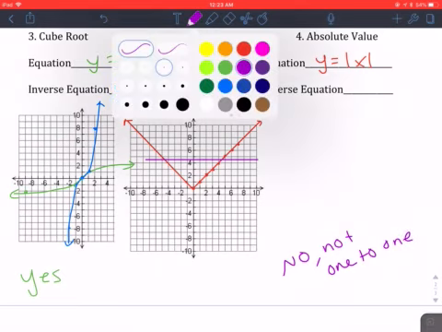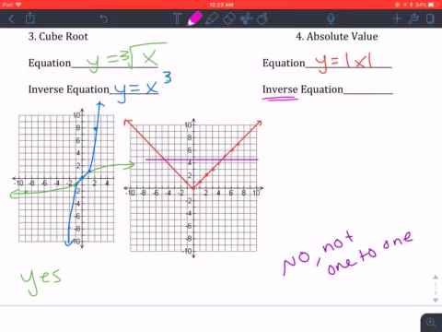But if I did want to graph the inverse, just based on the points, I would still have this section here, but then I would also have this section here. The only way to write that equation is y equals x, and we'd have to restrict our domain where x is greater than or equal to 0.